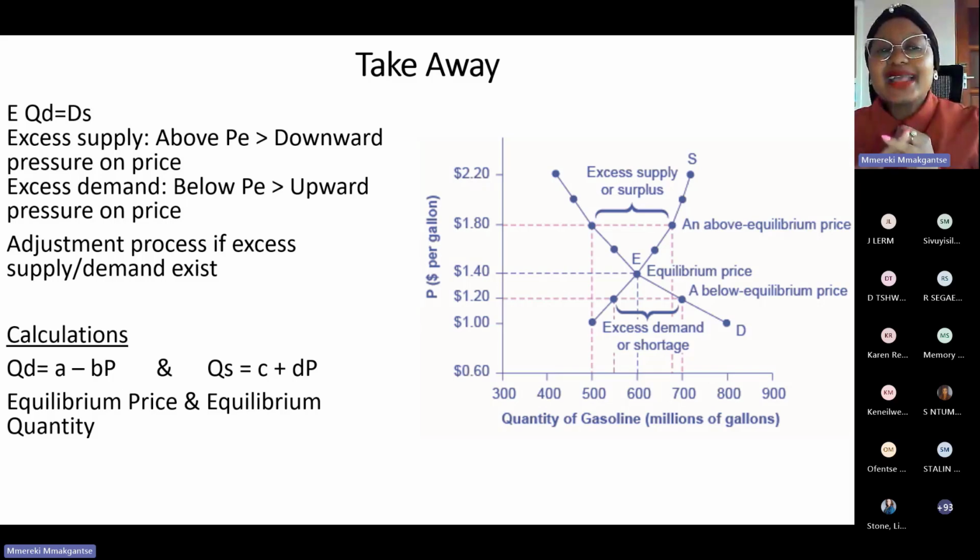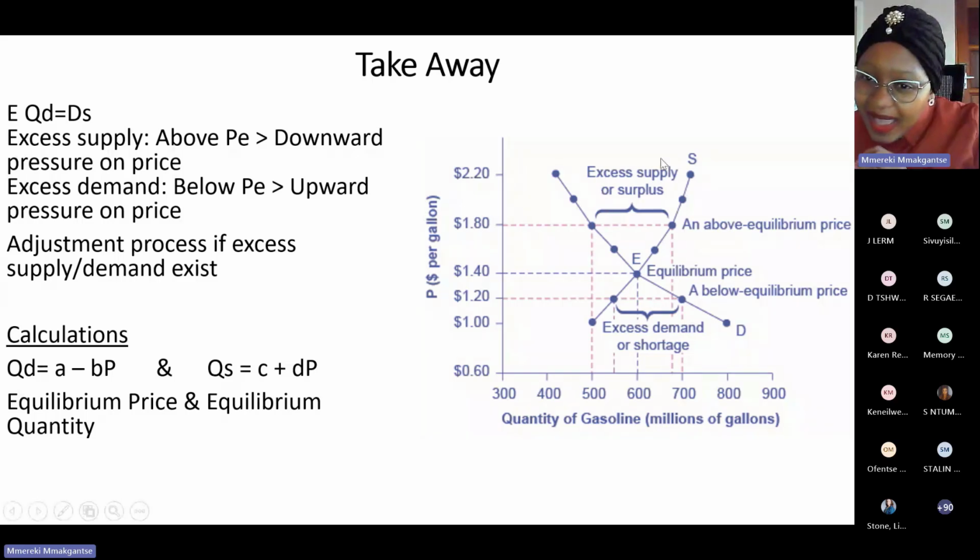Please. Excess supply. Tell me, what is excess supply? Is excess supply above or below equilibrium price? Right there on the chat. Excess supply, Ntumba. Ah, my girl, don't sleep. Excess supply, is it above or below, my friend? Correct.